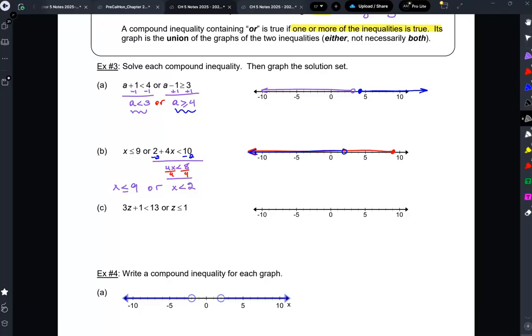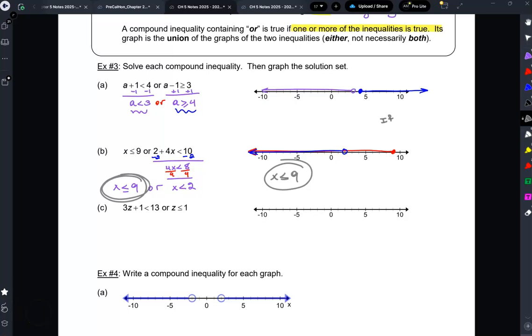So now look at this one though. Do you see how in this case both are going in the same direction? In that case, we take the longer one. So I say x is less than or equal to 9 is my answer. So let's write that down.